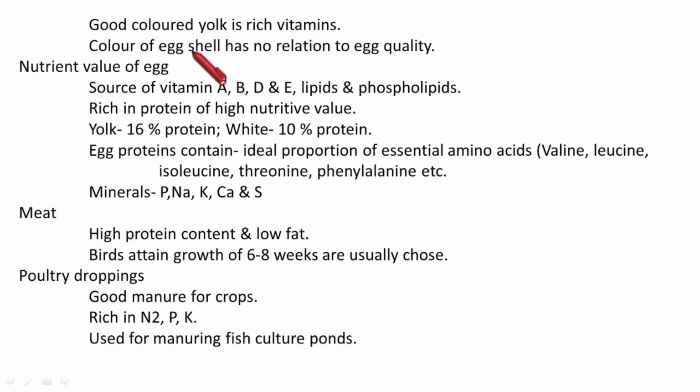There is no relation between the quality of the egg and the shell's color. The shell color is determined by the breed of the hen, and it has no role in determining quality.